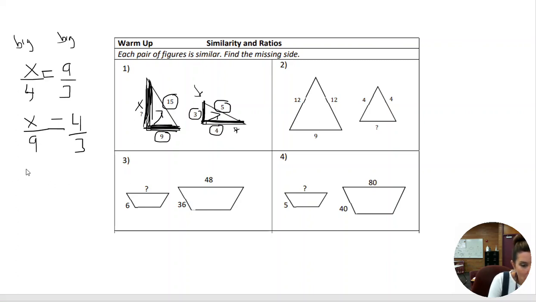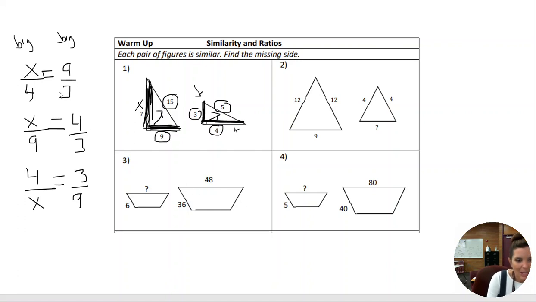We could also do the 4 over x, so the smaller triangle's longest leg over the bigger triangle's longest leg equal to the smaller triangle's shortest leg over the bigger triangle's shortest leg. There are quite a few different ways that we can set up our proportion.